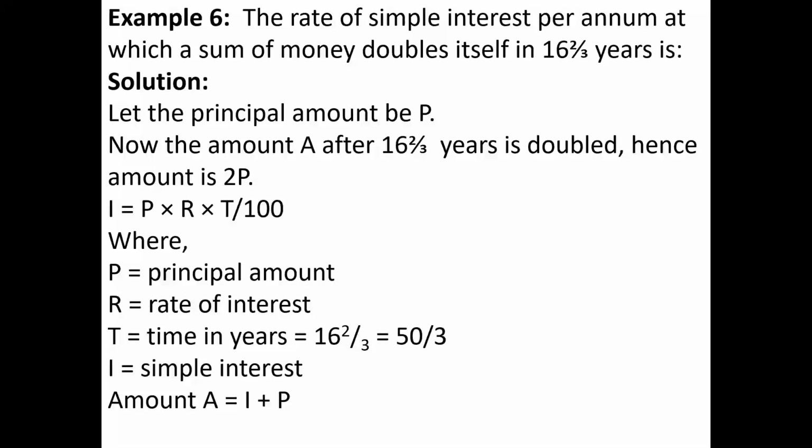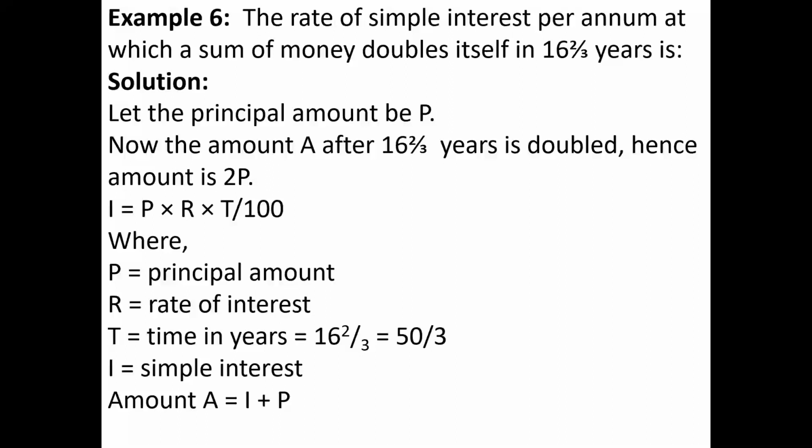So we need the rate of interest per annum at which a sum of money doubles, and the time is 16 2/3 years. The principal amount is not given, so let the principal amount be P. Now the amount A after 16 2/3 years is double, hence the amount is 2P. So I equal to PRT by 100, where P equals the principal amount, R equals the rate of interest, and T equals the time in years, which is given as 16 2/3.